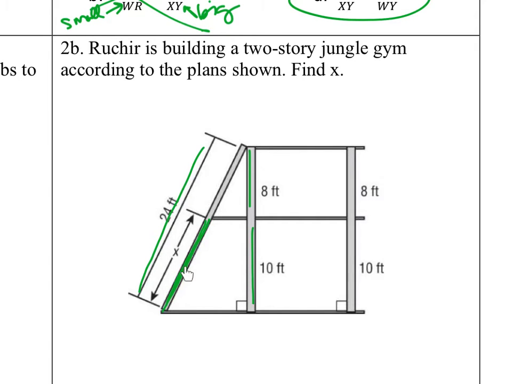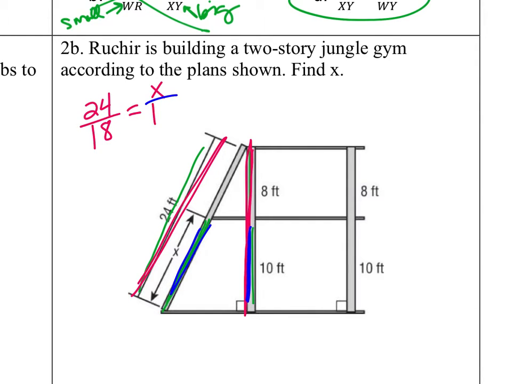So I can say my big ladder, looking at the jungle gym, okay, so 24 over, so big over, we have to compare the other big, okay, so here it's actually going to be 18. So 24 over 18 is going to equal X, my small part here, over 10. These have to correspond.